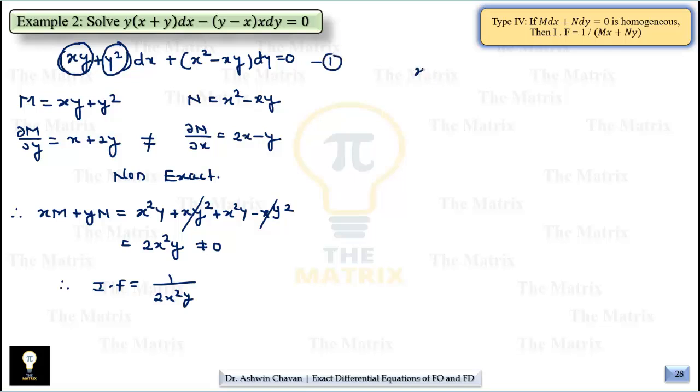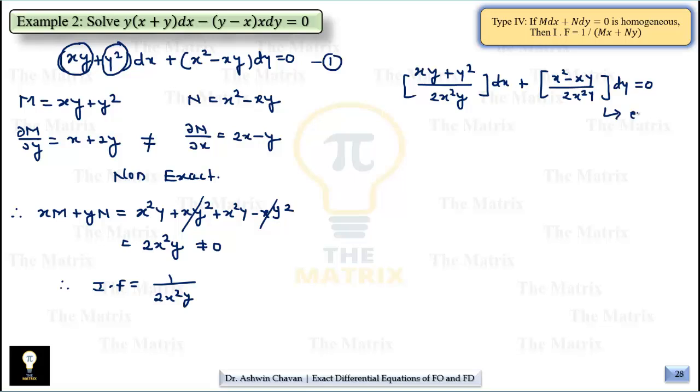So let's multiply: (xy plus y square) upon 2x square y dx plus (x square minus xy) upon 2x square y dy equals 0, and we claim that this is exact. Now simplify further for integrals.